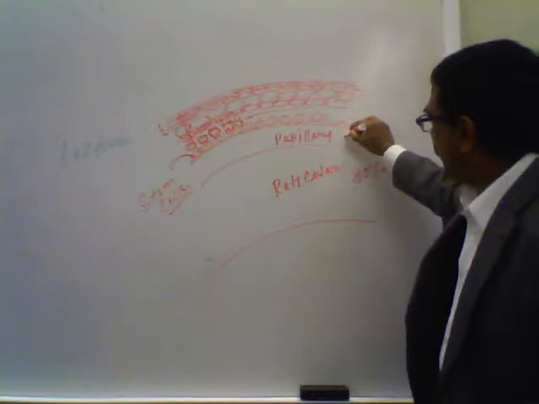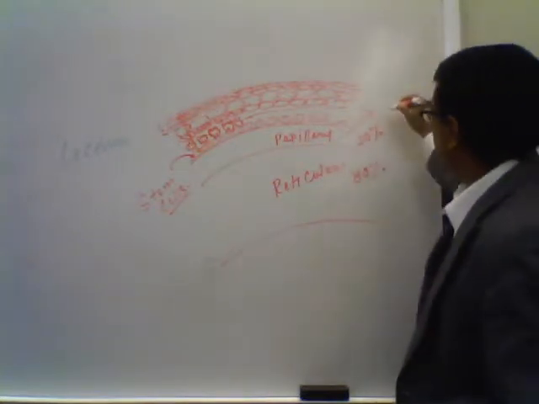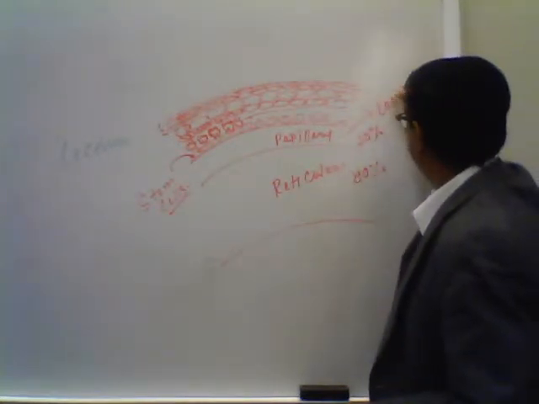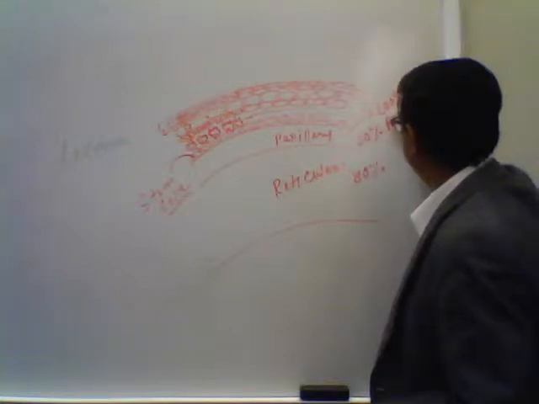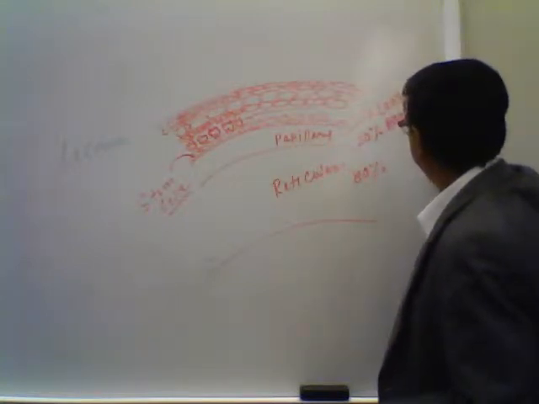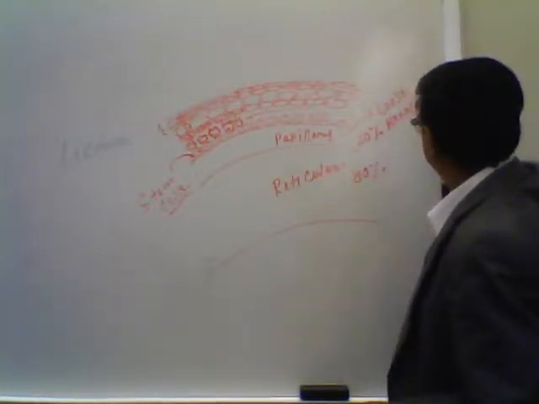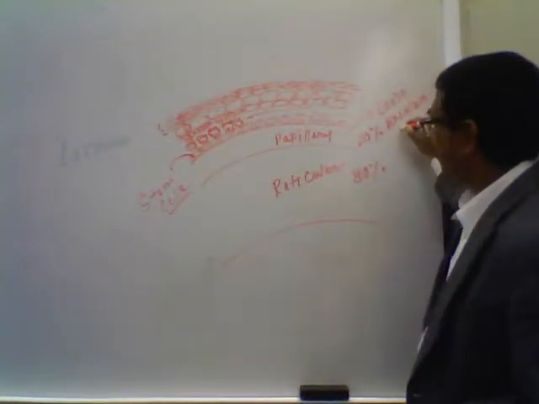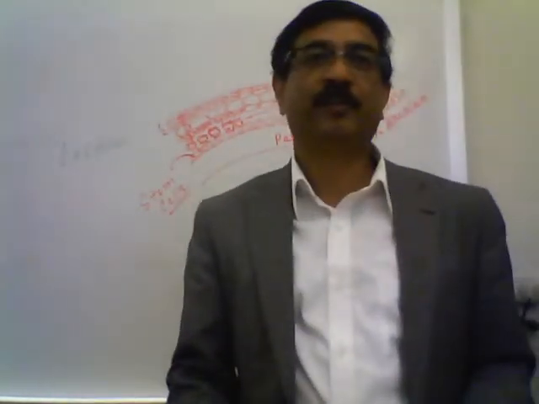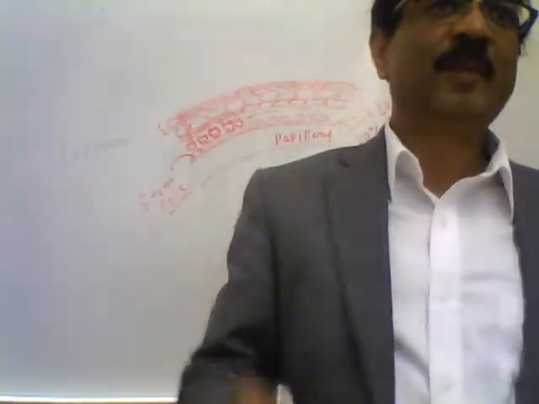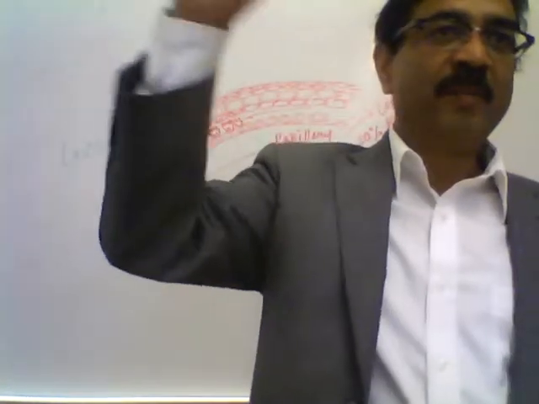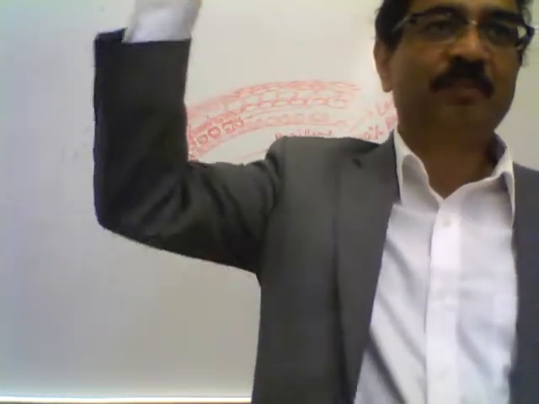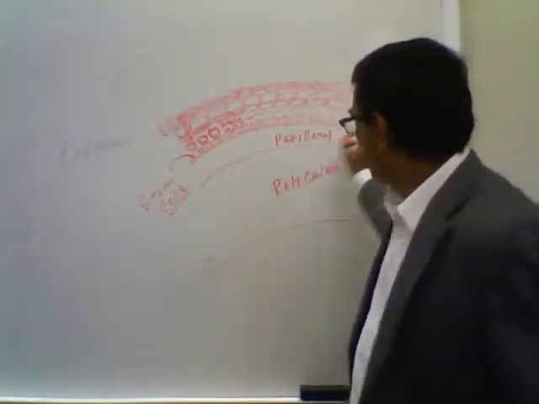Now, papillary layer is formed by loose areolar. All of you know that. We have seen many times. Loose areolar type of connective tissue proper. Remember, right? Collagen fibers and elastic fibers are there. So this is loose.